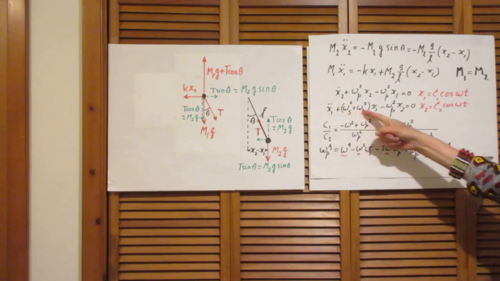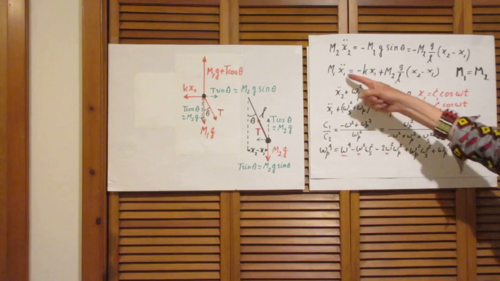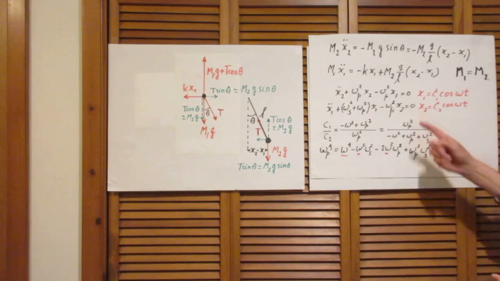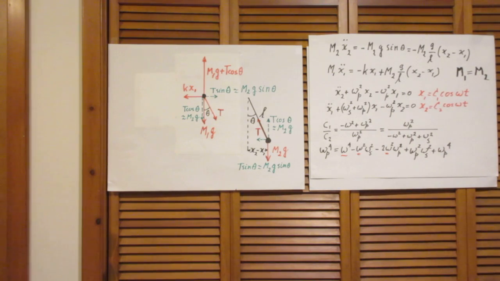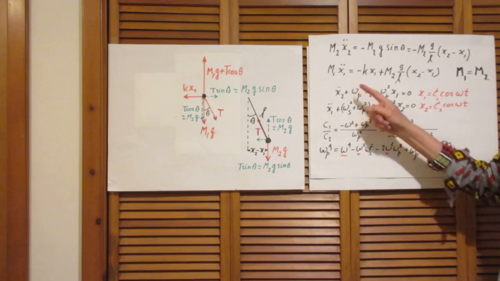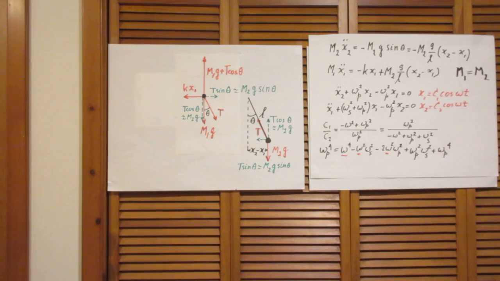I will leave you alone with this one. Again, you divide out m, and then you make use of the fact that omega spring squared is k over m, and that omega p squared is g over L. So you get this equation. So this I would call the equation of motion for object 2, and this is the equation of motion for object 1.